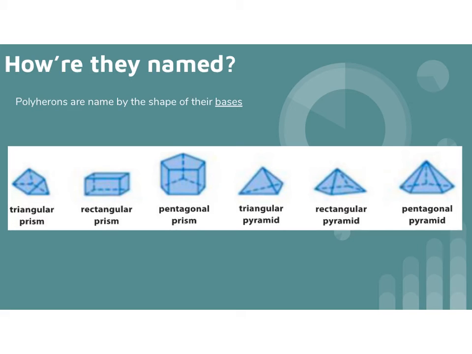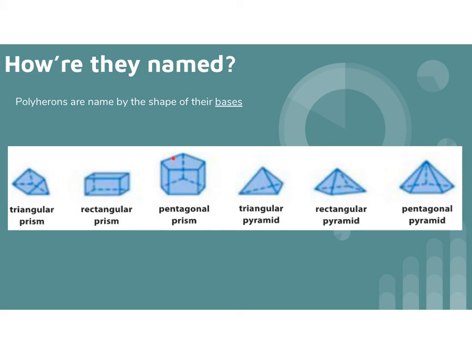So how are they named? Polyhedrons are named by the shape of their bases. For example, we have a triangular prism. Notice that the parallel bases here and on the back side are triangular, so that's what creates the prism. A rectangular prism, on the other hand, has rectangular bases that are parallel, creating a rectangular prism.